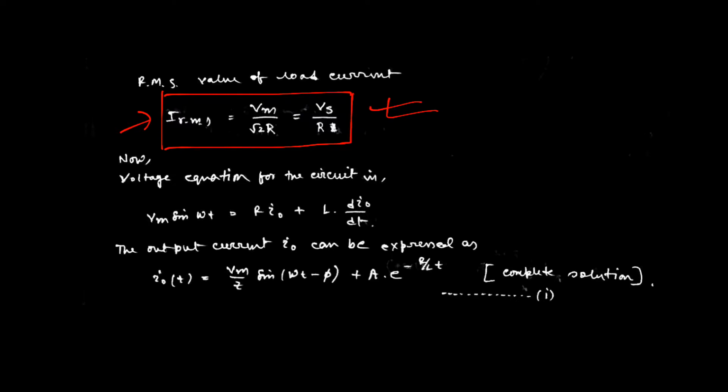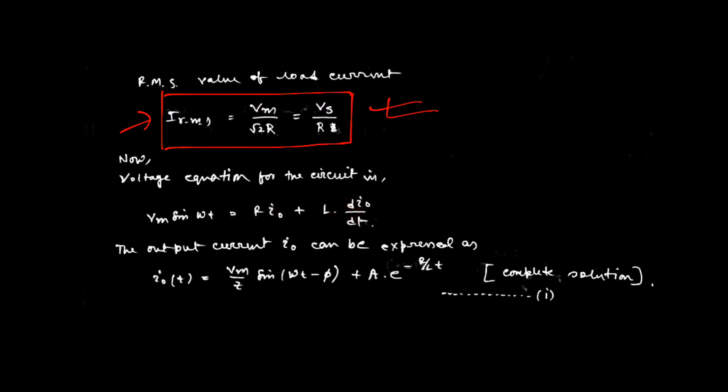Now the main important part: due to the presence of the inductor, we are going to express the whole scenario with a proper expression during steady state operation as well as during transient operation. The voltage equation from the circuit we can derive as Vm sin omega t equal to R into I0 plus L into dI0 by dt.